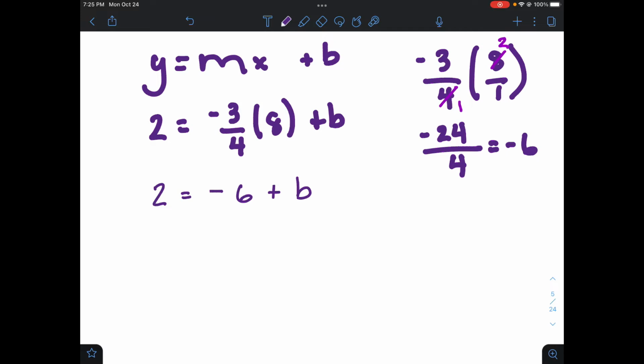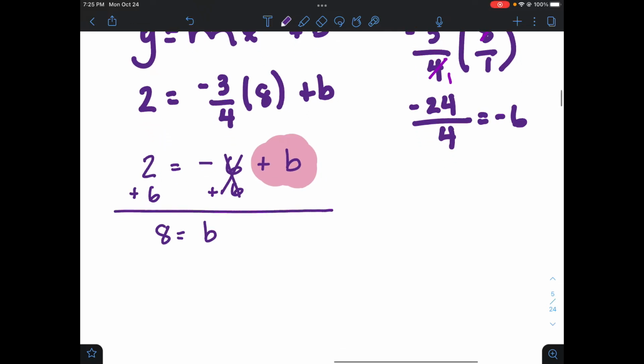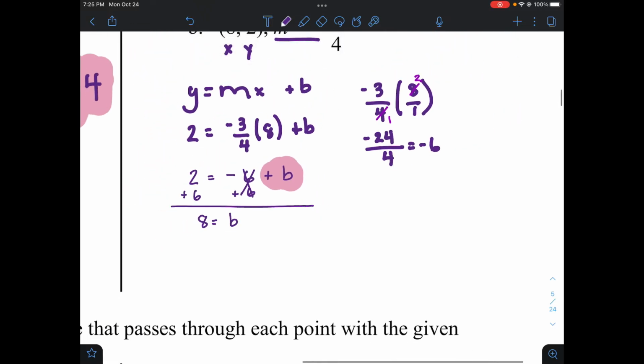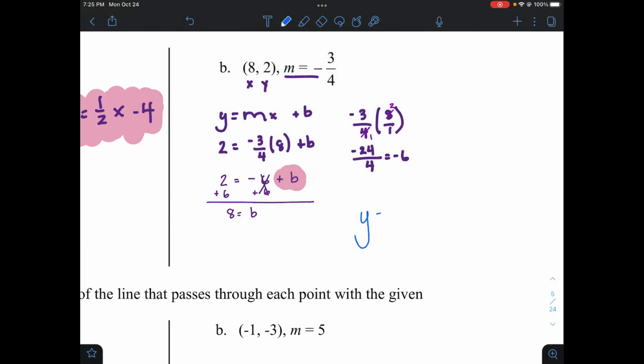And now again, if I want to get b by itself, I need to add 6 to both sides. So we get b is equal to 8. And again, don't go through all of that work and then forget to write your final answer. So my final answer is y equals -3/4 x plus 8.